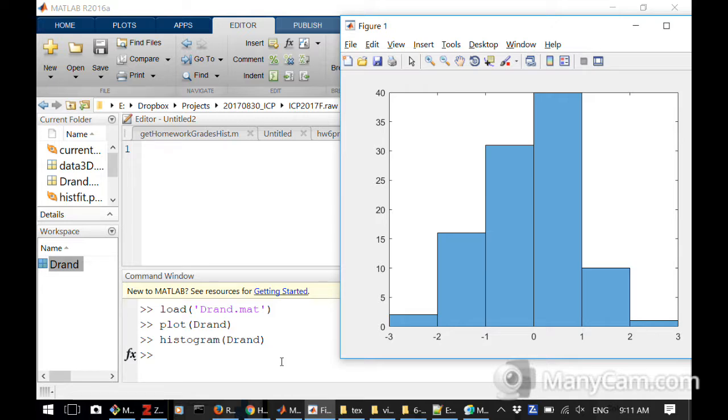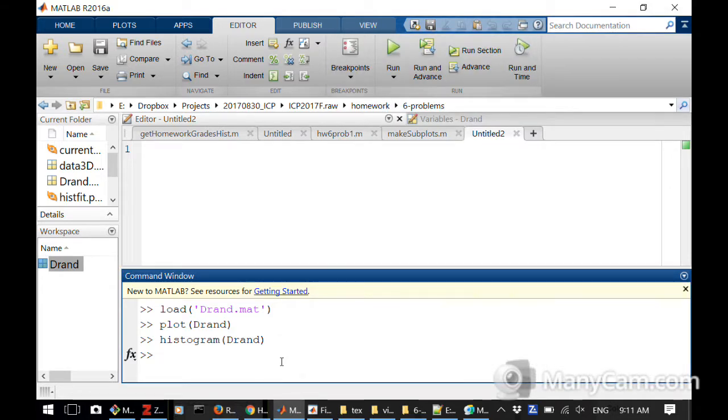Based on just looking at this graph, we say that the distribution is probably Gaussian. But that's not what we want. We want to quantify it, and we want to really test it and see if this is really the case or not. For this simple example, it's easy to say it. You can just test it with histfit. So you could say histfit drand.